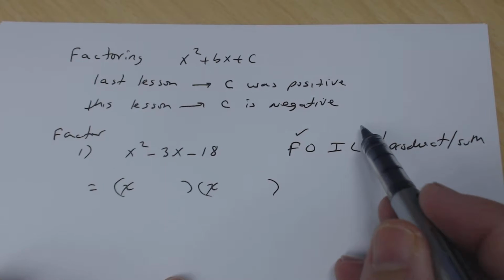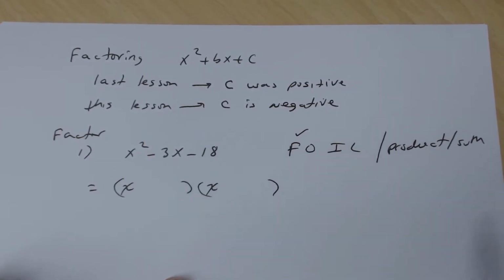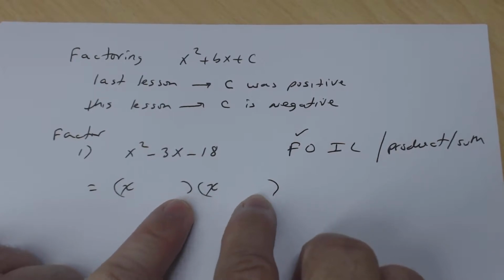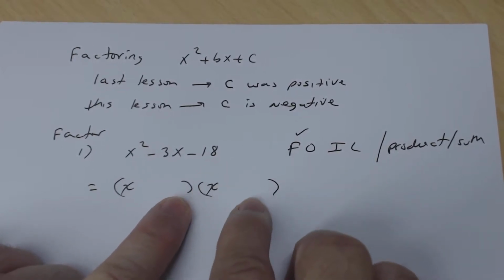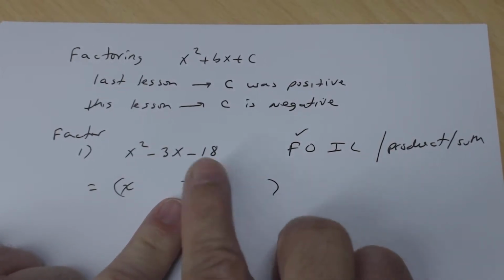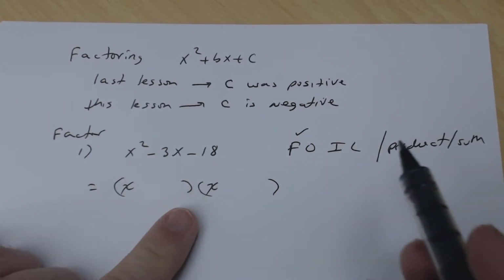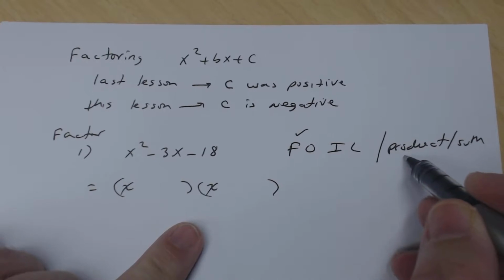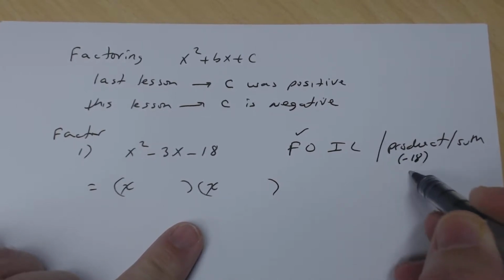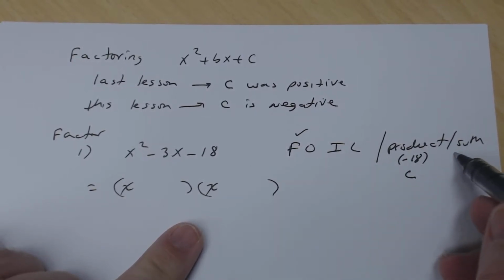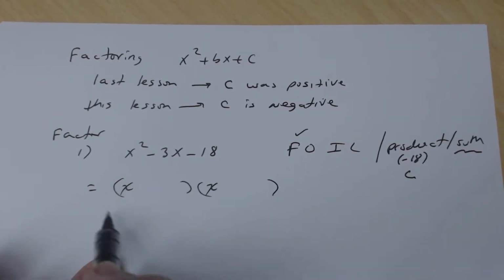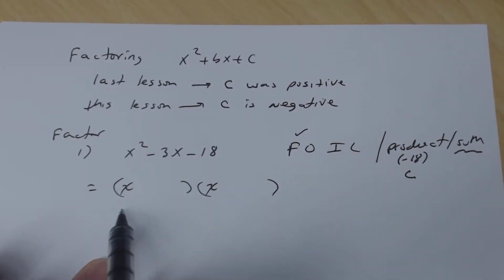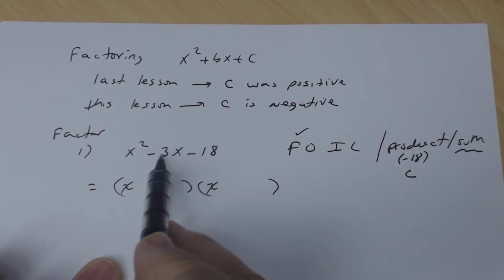Now in terms of the last, you go to last next. That's negative 18. So you want two factors of 18, two terms right here that will give us a product of negative 18. So remember, we want the product to be negative 18, your constant, that's c, and you want the sum, and so when you add up the outer and the inner, so you always got to check this, that's the idea of that FOIL, you want to get a negative 3.